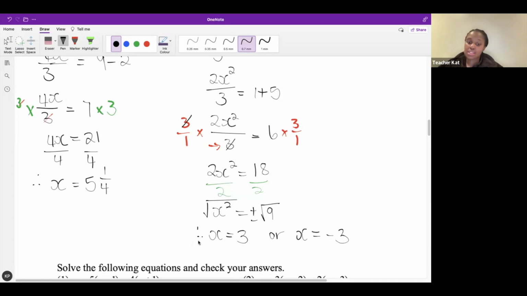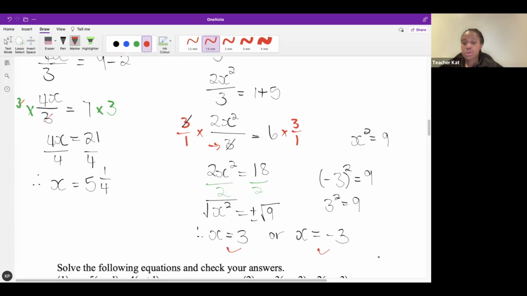Why do we say that, guys? Because as soon as you square a -3, what is -3 squared? It is +9, but so is 3 squared. So do you see that my statement that x squared is equal to 9 actually has two solutions, which is a 3 or a -3?